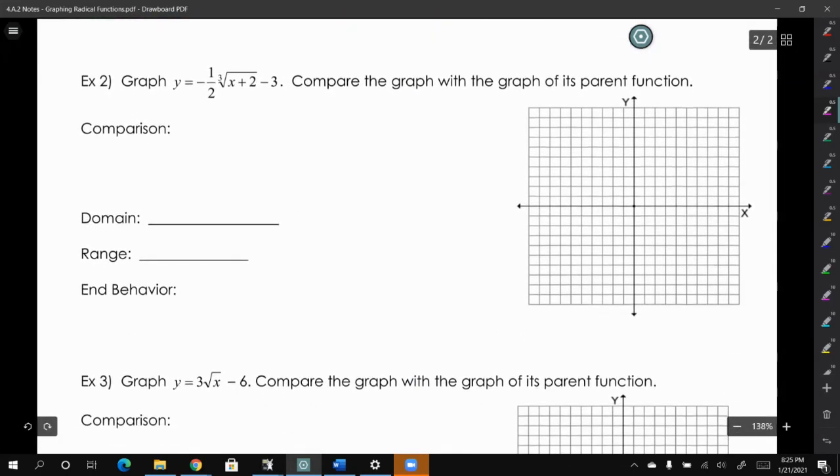Example number 2 is a cube root function. So let's start with our comparison. There is a reflection. You have that negative in front of the 1/2, so there is a reflection over the x-axis. Shrink or stretch, we have a shrink by 1/2.